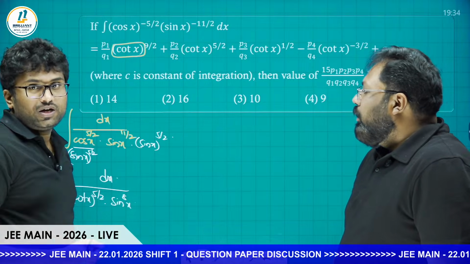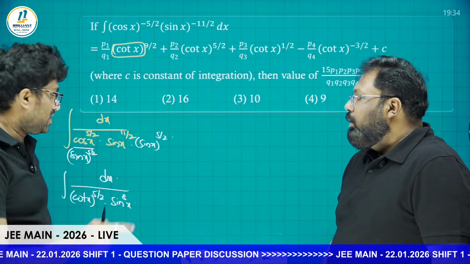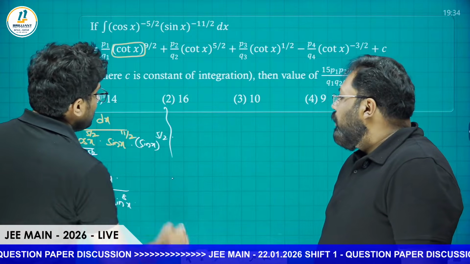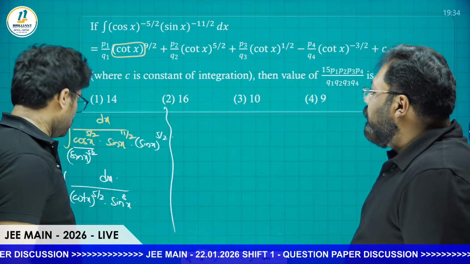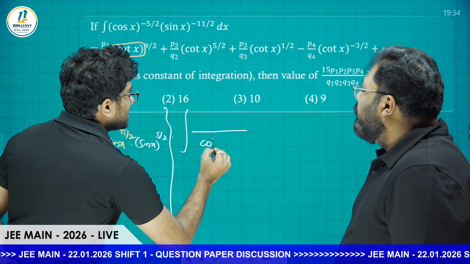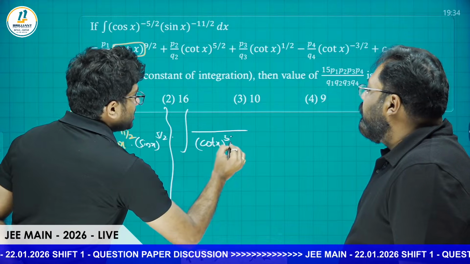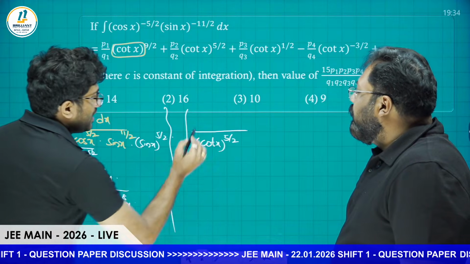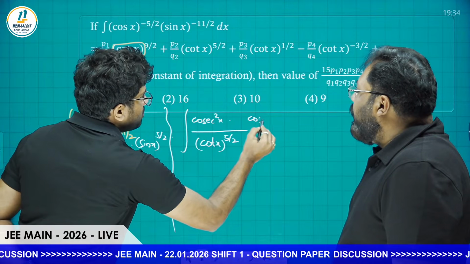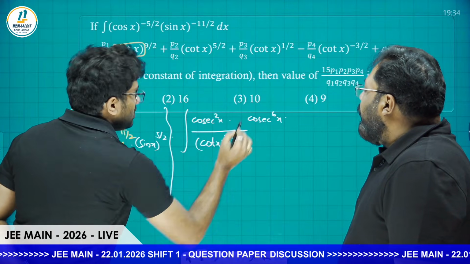As we all know, d by dx of cot x is minus cosecant square x. So when we have cot x, we need cosecant square x to use substitution. Let's keep cot x power 5 by 2 in the denominator. We have sin power 8 x, which we can write as cosecant square x into cosecant power 6 x.